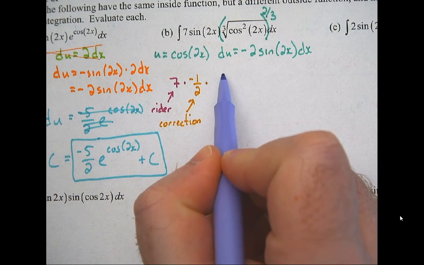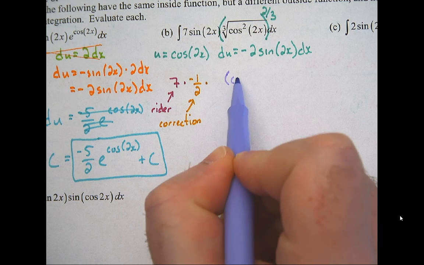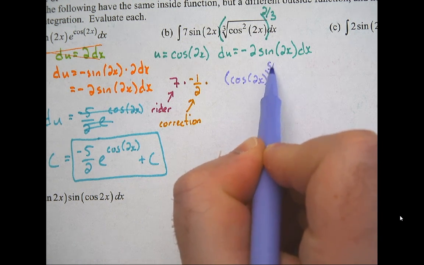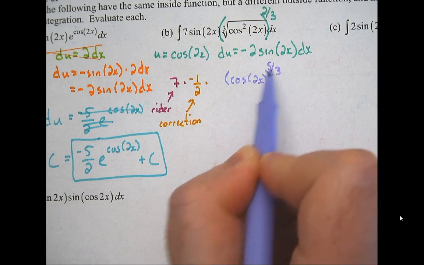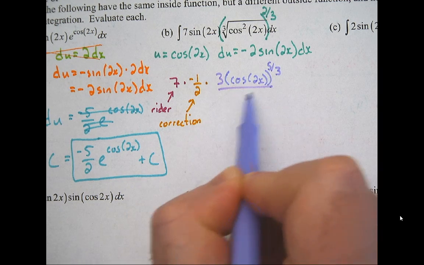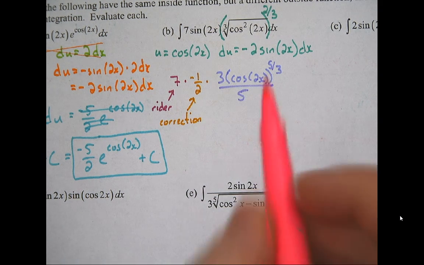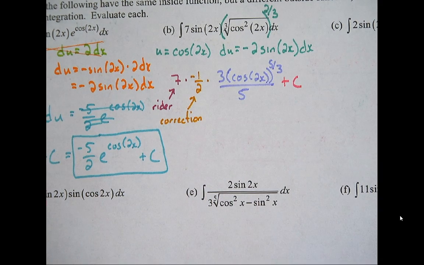So my something is cosine of 2x to the 5/3. And then I need to divide by 5/3, which ends up flipping and multiplying. Why is this not okay? Plus c. And let's try to clean this all up.